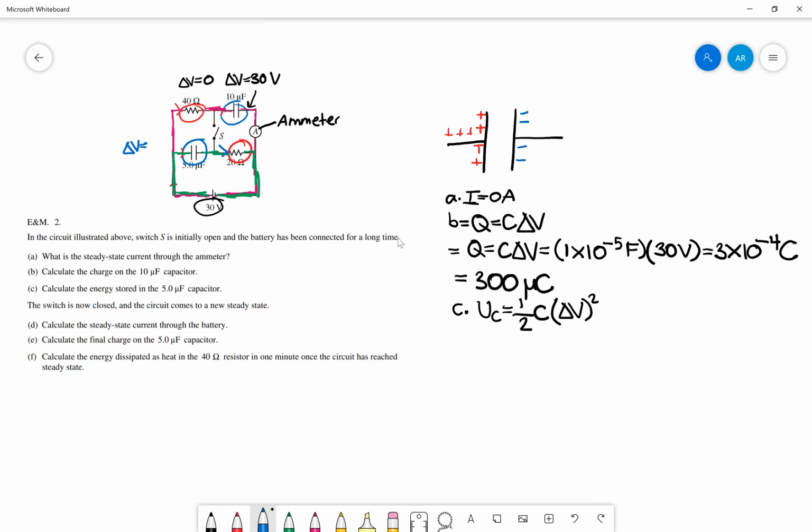So the voltages of the capacitor and the battery must equal each other if the loop rule is to hold.